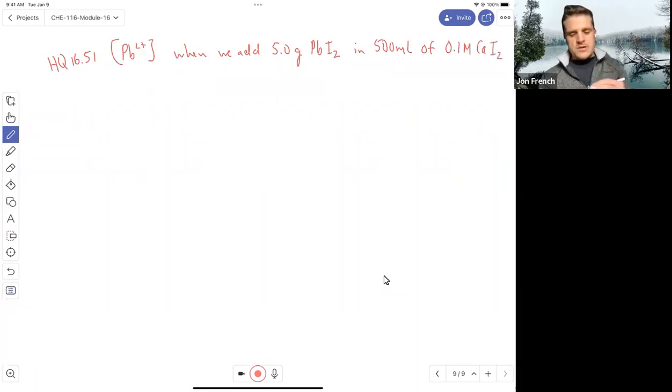So they throw out a bunch of information and they make you think, oh, we're going to have to use all of this information. The Ksp for lead iodide is 1.4 times 10 to the minus 8.